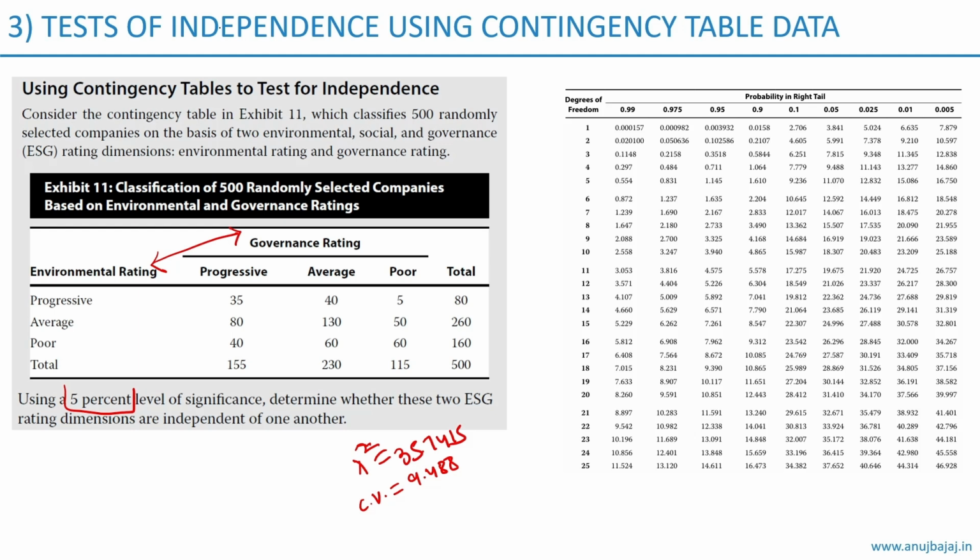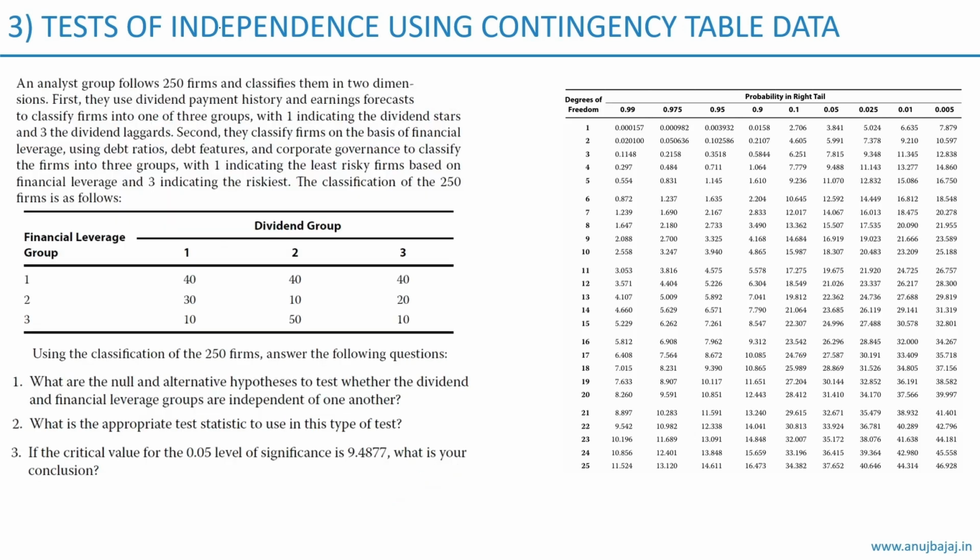They are dependent on each other. You can also solve this example where you are directly given the critical value. The computed test statistic equals 46.3223. So again here we reject the null hypothesis and conclude that the two variables are dependent on each other.